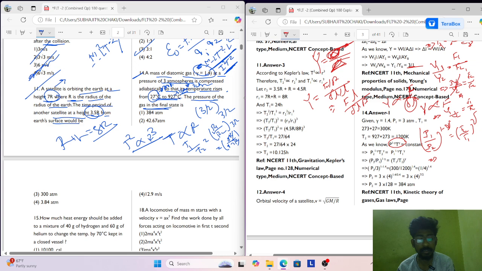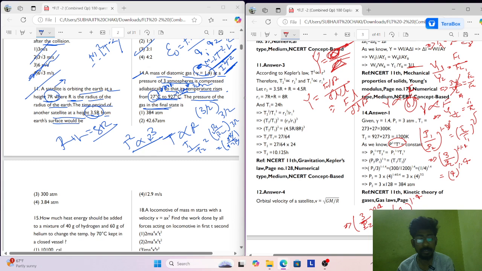This is really easy, but it is numerical and very calculative. 3 by P2 to the power 1 minus 1.4, equals T2 by T1, T2 means 1200 divided by 300 means 4, 4 to the power 1.4. So 3 by P2 will be 4 to the power 1.4 divided by 0.4.